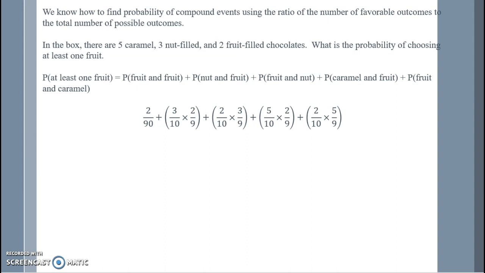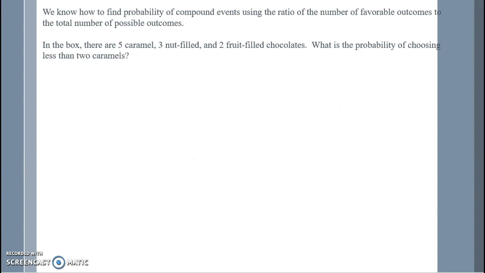Caramel and fruit: there are 5 out of 10 options times the fruit option 2 out of 9, plus the option of fruit and caramel, 2/10 times 5/9. So multiplying them together, 2/90 plus 6/90 plus 6/90 plus 10/90 plus 10/90 is 34/90. So the probability of getting at least 1 fruit when we choose 2 is 37.8%.